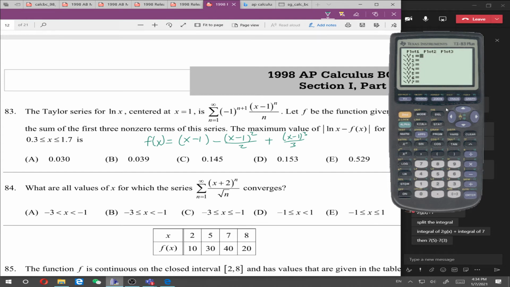So I'm going to graph the natural log of x. And I'm going to subtract our series that we just created.